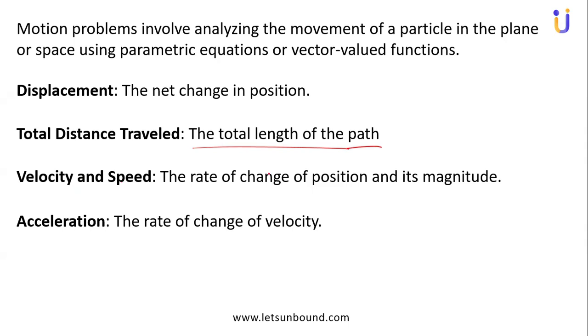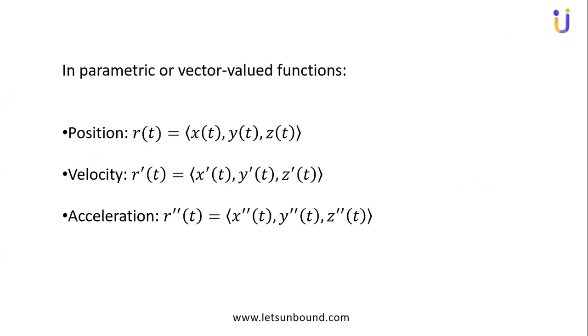Velocity is the rate of change of position, and speed is its magnitude. Acceleration is the rate of change of velocity. Only the notation will slightly differ: in vector valued form we usually go with this, but in parametric we'll just have x of t, y of t, like this.